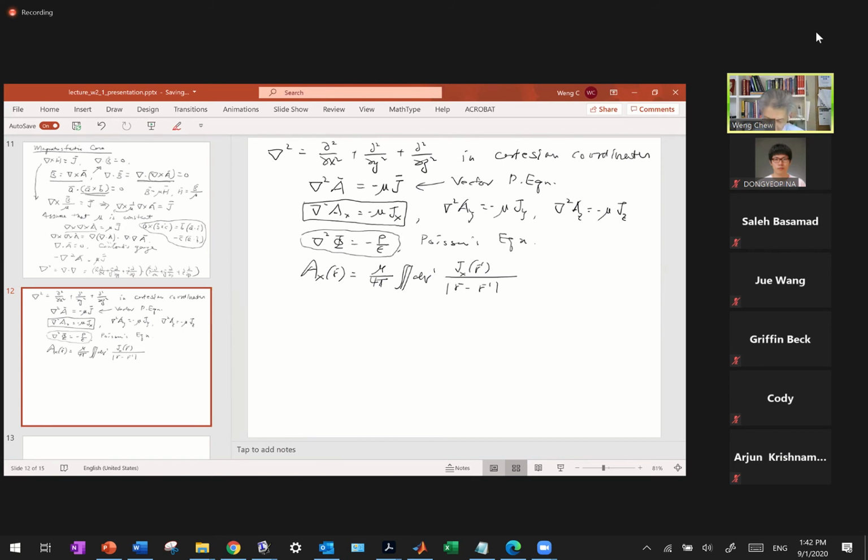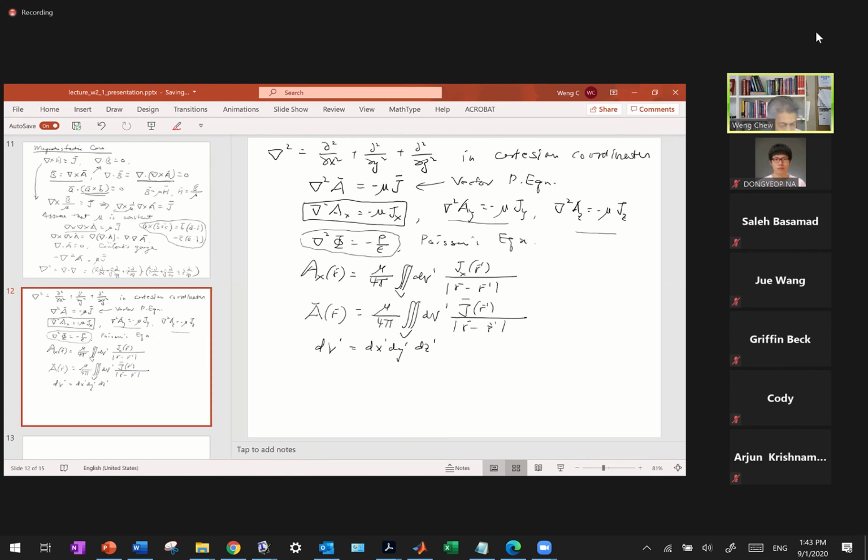We just apply it to the x component, and then you apply it to the y component and the z component. After you have done that, you can collect them all together, and the vector A is just the sum of these, where dV is the volume integral dx prime dy prime dz prime.